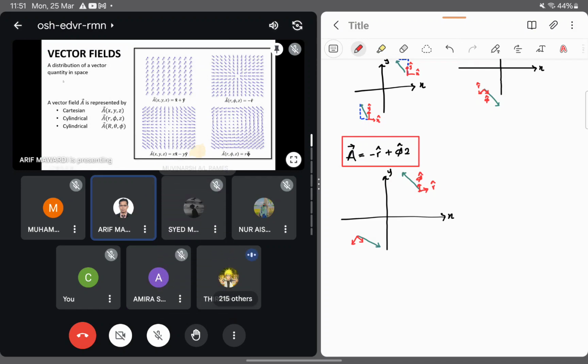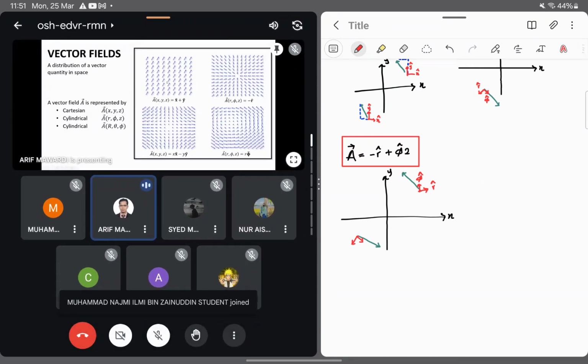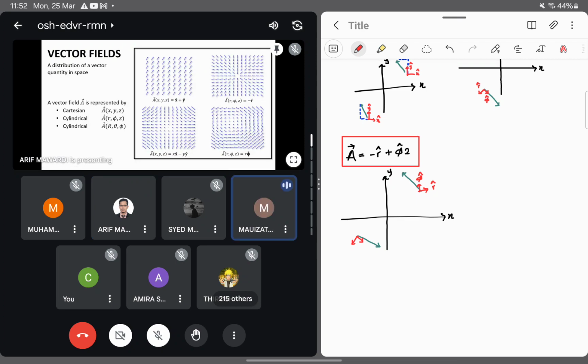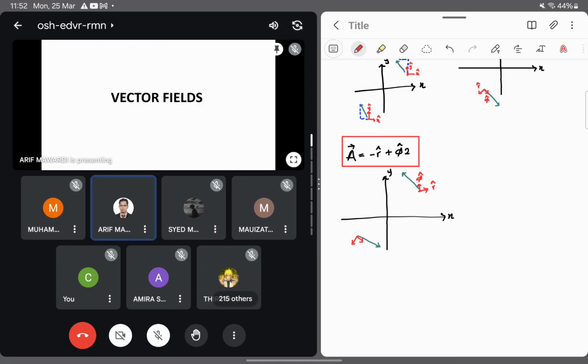Boleh sir, boleh. Ada gambar apa ni, vector field lah, gambar arrow warna biru. Hello? Nampak, saya nampak. Yang sekarang example 3.1. Nampak? Okay. Okay, thank you.